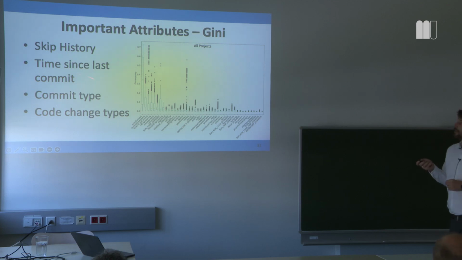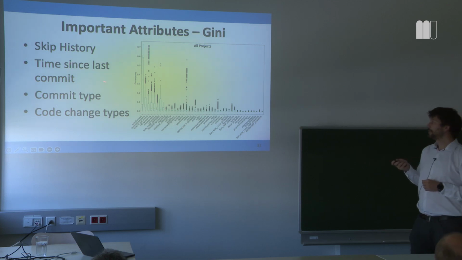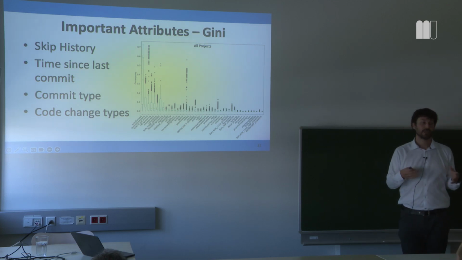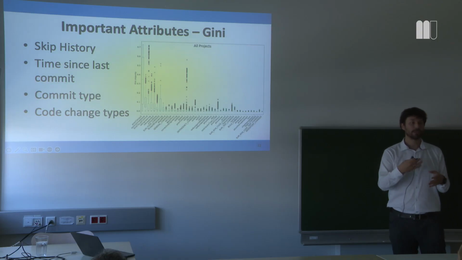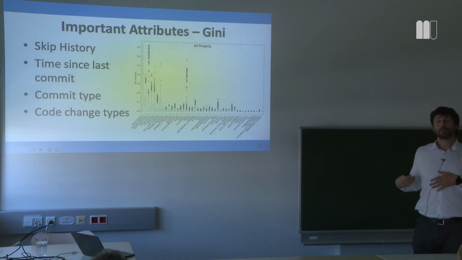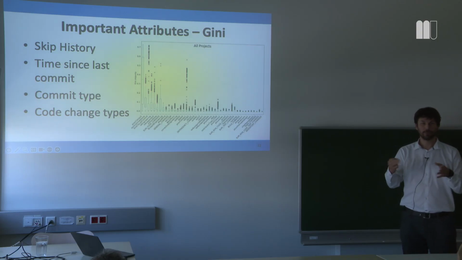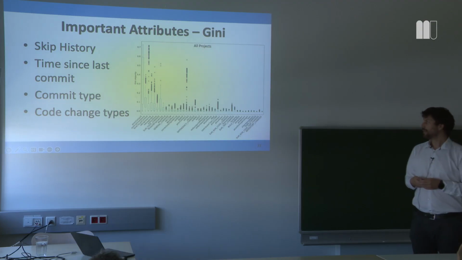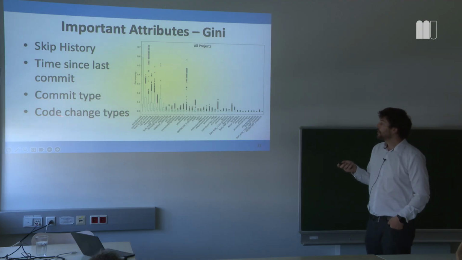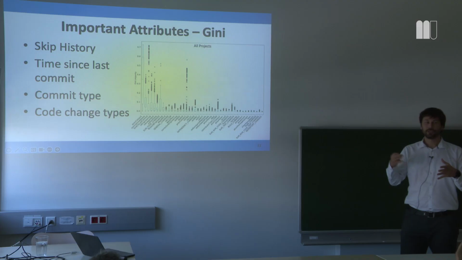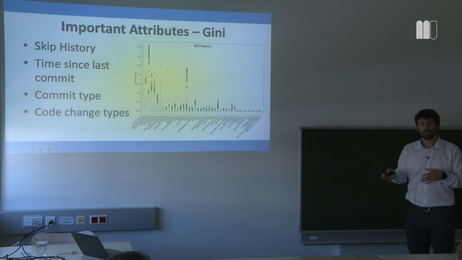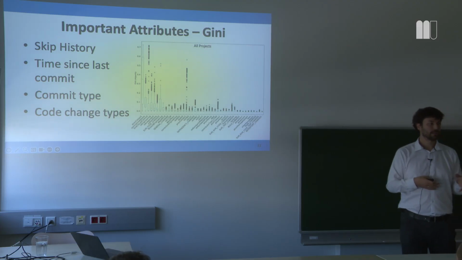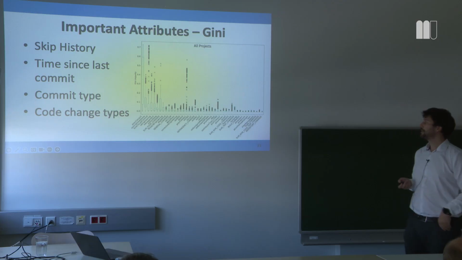But there are also other things like time since the last commit, which could be a situation where somebody's just trying something out, committing all the time, and you only want to run the last commit through the whole pipeline and not all of them. Interesting also are code change types, so what you actually changed. Did you change an if condition, for example, or the parameter list in a method? That is quite important in this model.